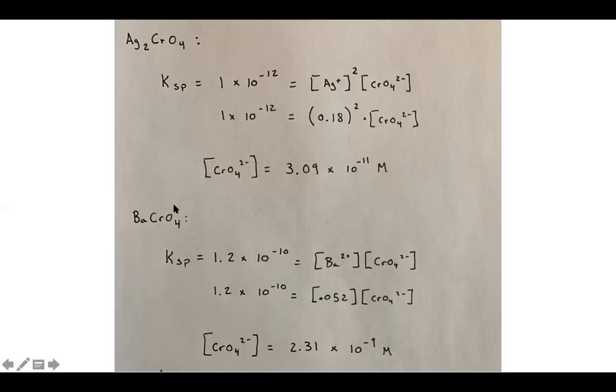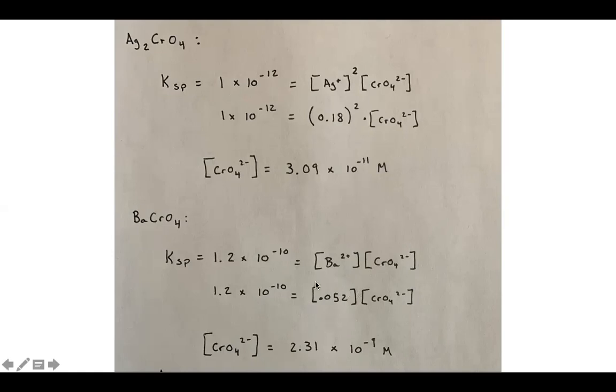Now I'm going to use the same exact process to solve for the concentration of chromate needed for barium chromate to start to precipitate or start to form. The KSP for this is equal to 1.2 times 10 to the negative 10th, which is equal to my equilibrium concentration of barium times my equilibrium concentration of chromate.